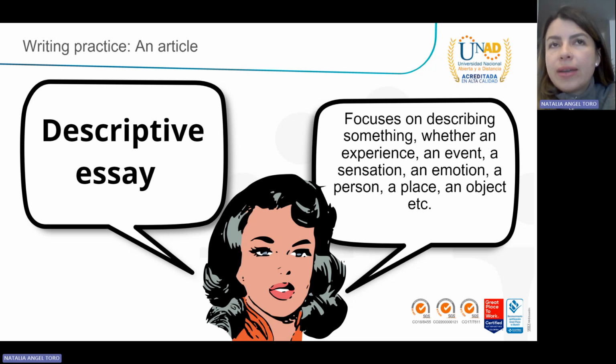If you read Cien Años de Soledad, you can find many details that Gabriel García Márquez gives us to imagine how is the town, and some specific senses to live the scene. So yes, it's a descriptive essay.